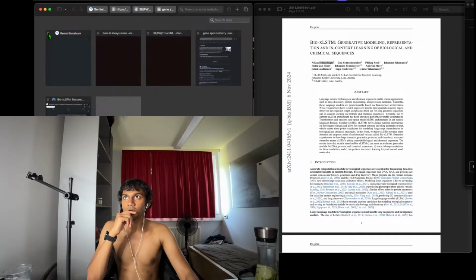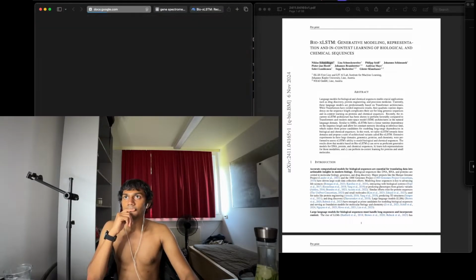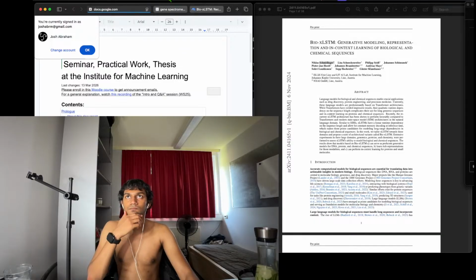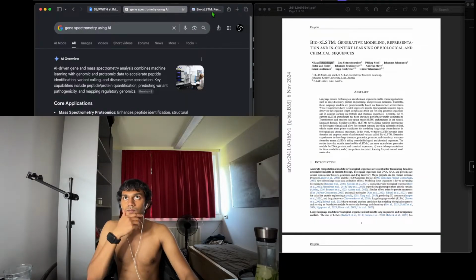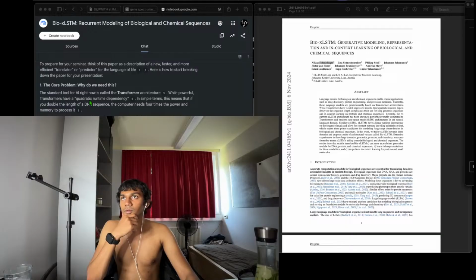Oh, it's all Gemini Notebook, okay. Since you are a biochemistry student, you already have the most important foundation. The core problems, why do we need this? It is a standard tool for AI right now.